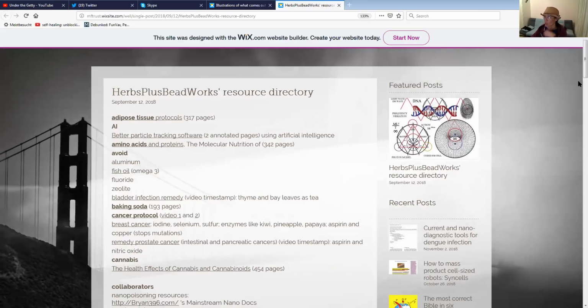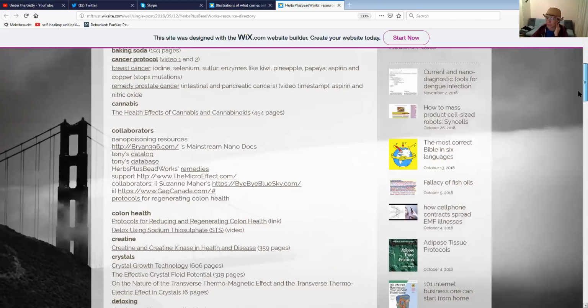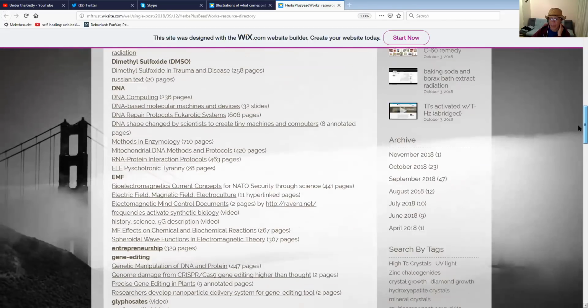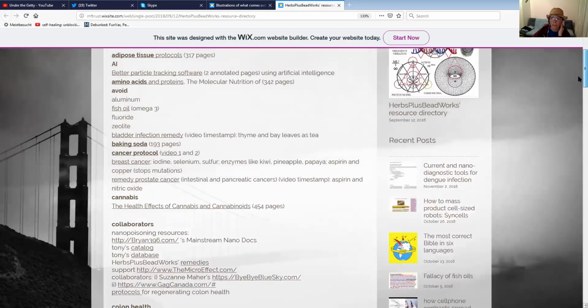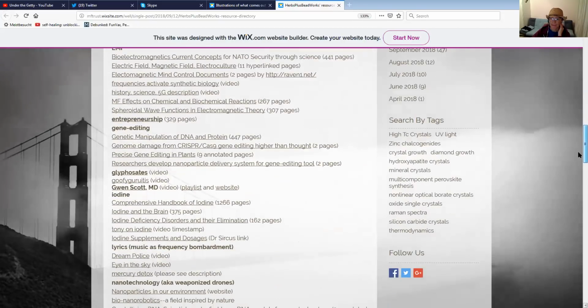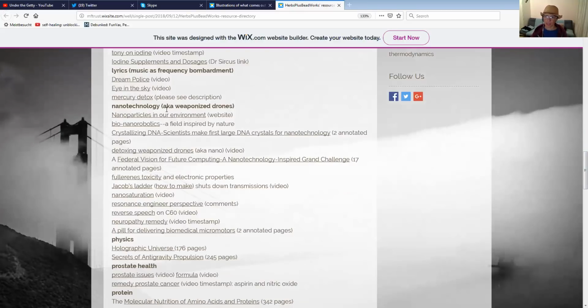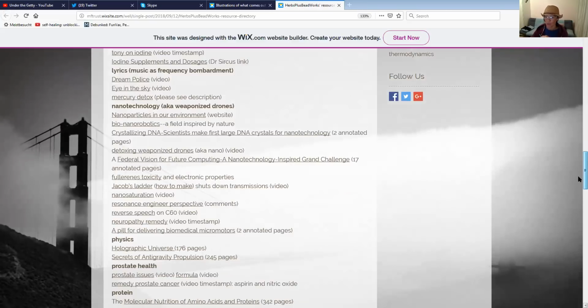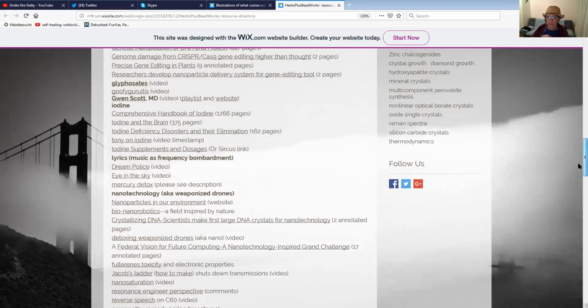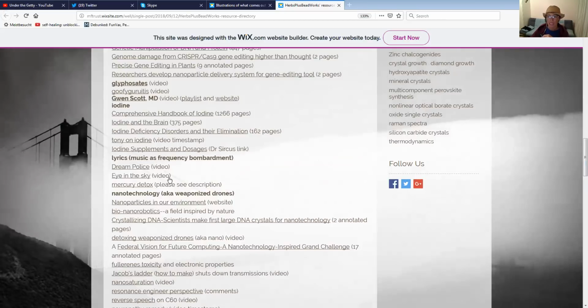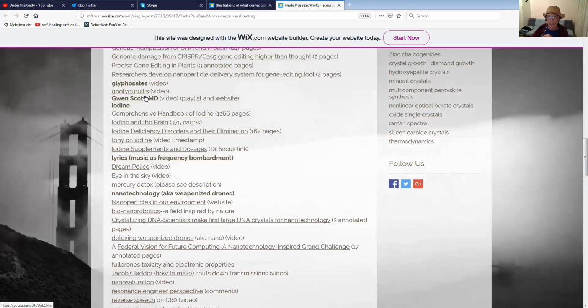But the recent posts are in here. Let's see. One that I had just put in is, okay. I've made it so that there are these bold texts, and I've tried to alphabetize them. So we've got music as frequency bombardment. Those are the lyrics. And Gwen Scott's in here, glyphosates.